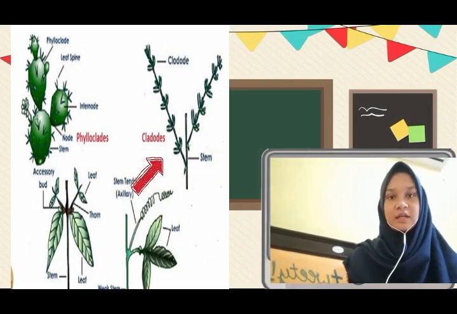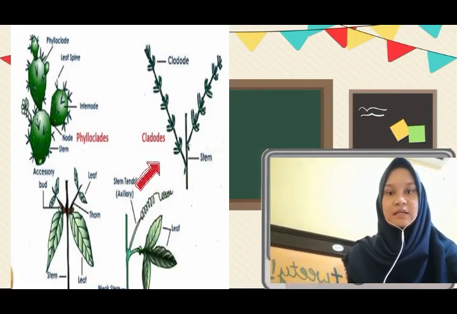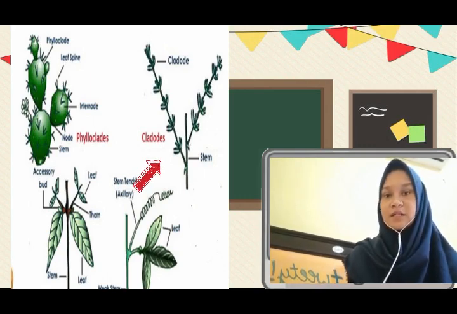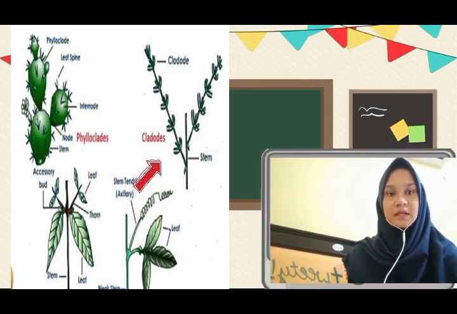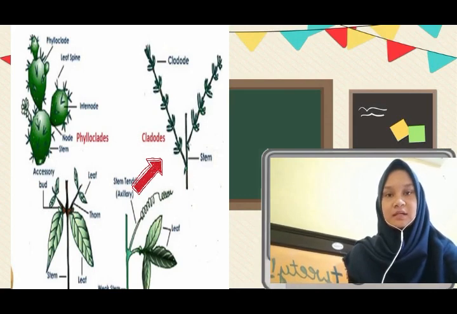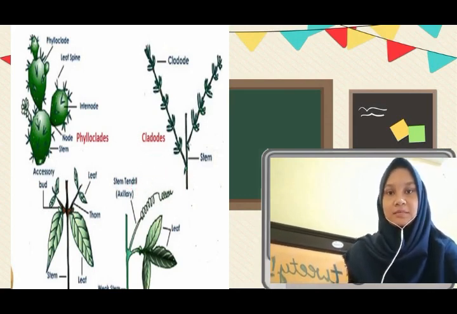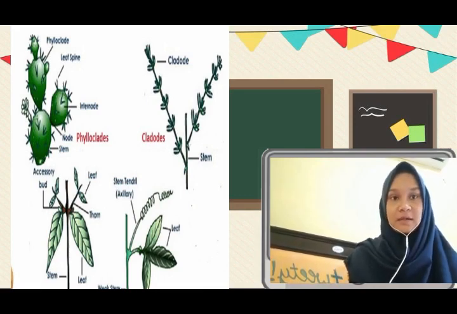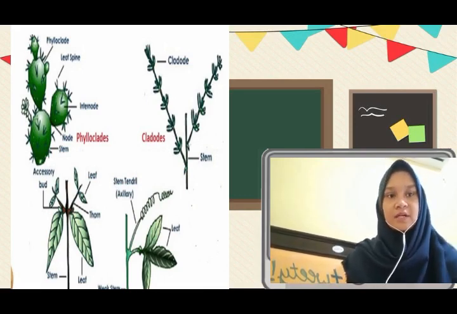The next is cladodes. It is a type of phylloclade which consists of only one internode. This helps in photosynthesis. For example, asparagus. The next is bulbils. These are modified axillary vegetative or floral buds meant for food storage.